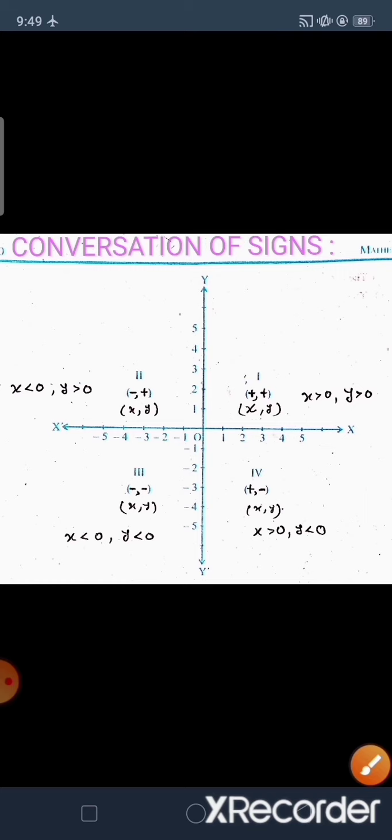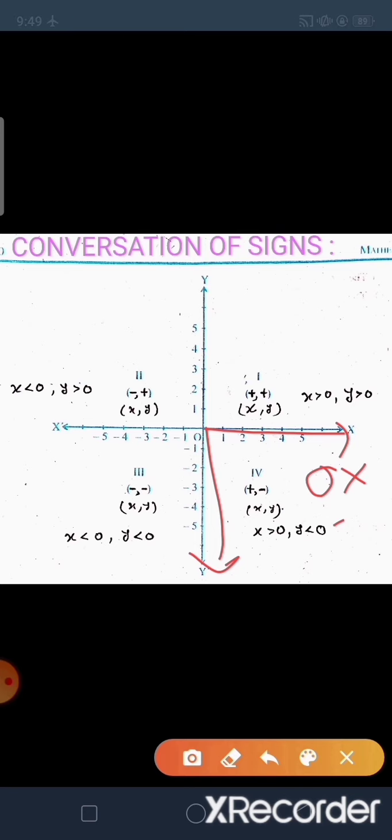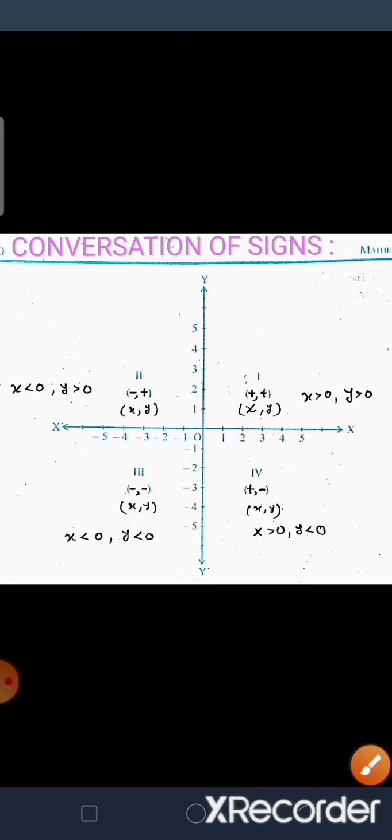And last, here the direction from the origin to x is positive and y is negative, so OX and OY dash. The value of OX is positive, so the ordered pair sign is positive for x greater than 0, and the y dash value is negative, meaning y less than 0, therefore the sign is negative.